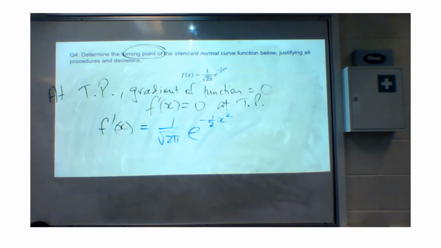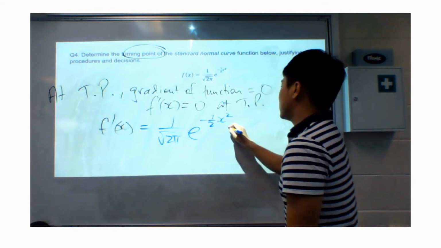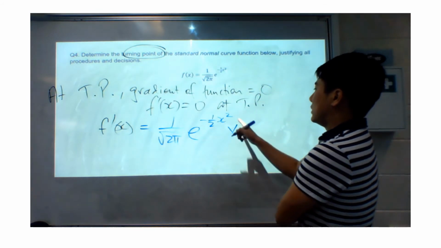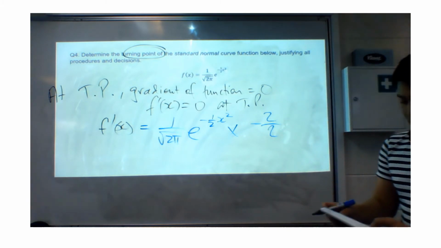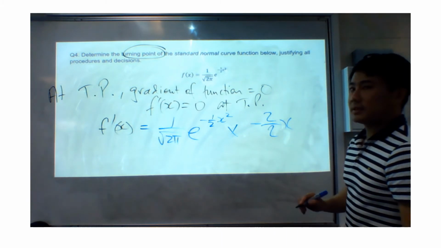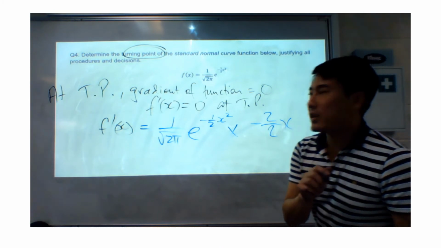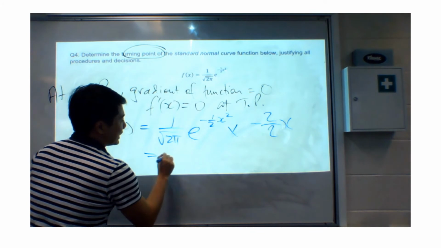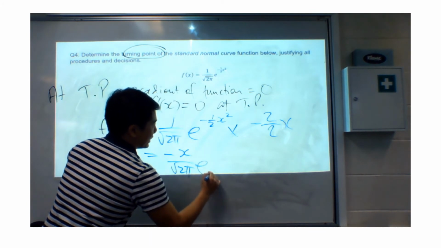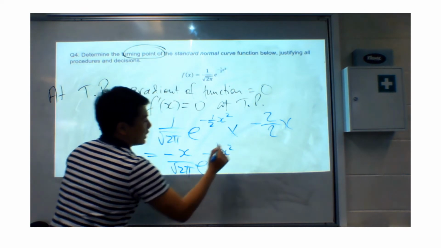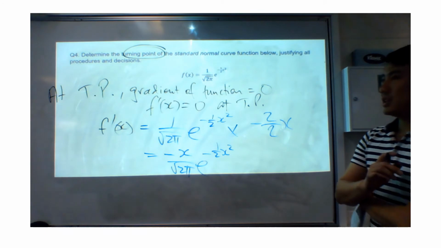Then you need to times it by the derivative of that, which will be negative 2x over 2, right? The 2 and the 2 will cancel, leaving you with negative x. So to write it a little bit nicer, you're going to have negative x over 2 pi e to the power of negative half x squared. Okay, so your first part is done.